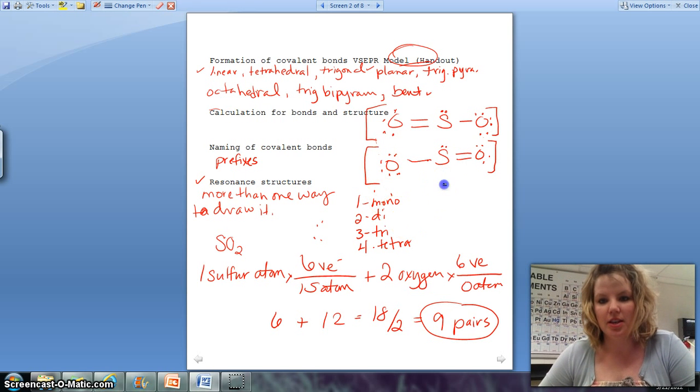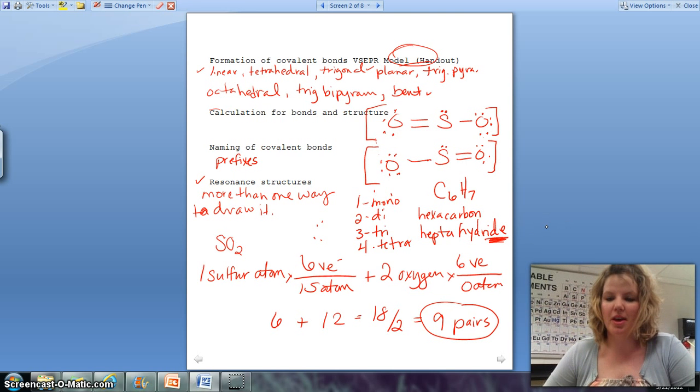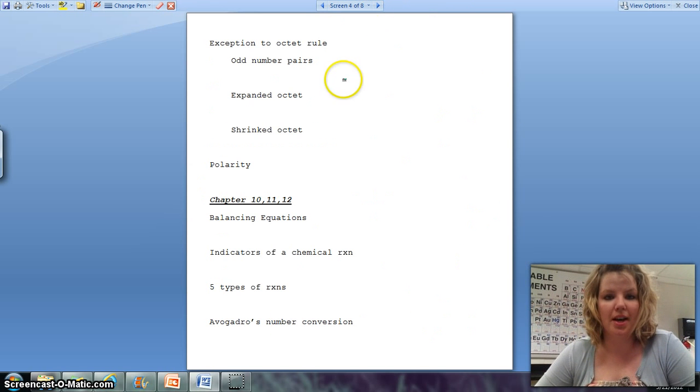So if you have C6H7, 6 is hexa, so it would be hexacarbon, and then there's 7, so it would be heptahydride. And everything has an IDE at the end, no matter if it's ionic or covalent, except if it's a polyatomic ion.